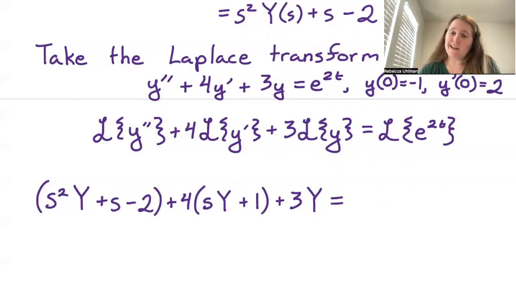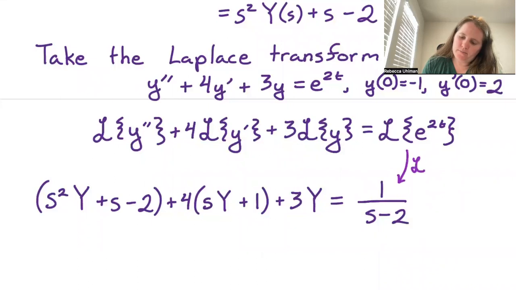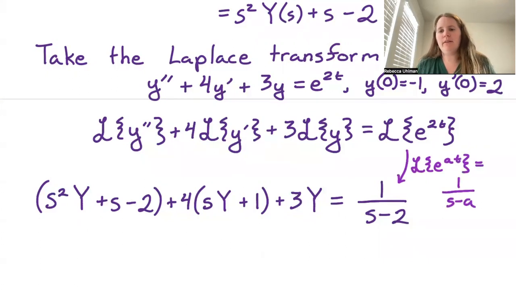That's an e to the at. That just goes to 1 over s minus a. And we have 1 over s minus 2. So again, here we used the fact that the Laplace transform of e to the at is equal to 1 over s minus a. And we use the fact that a was equal to 2 here.